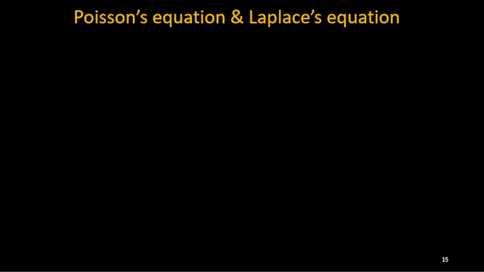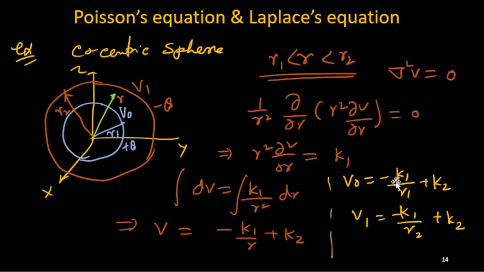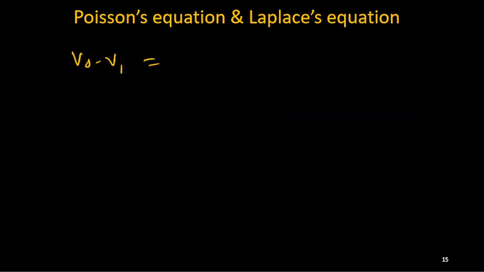Taking minus k1 common, it is minus k1 times 1 upon r1 minus 1 upon r2.